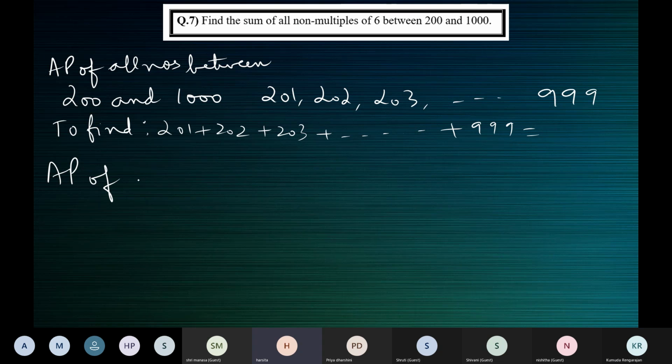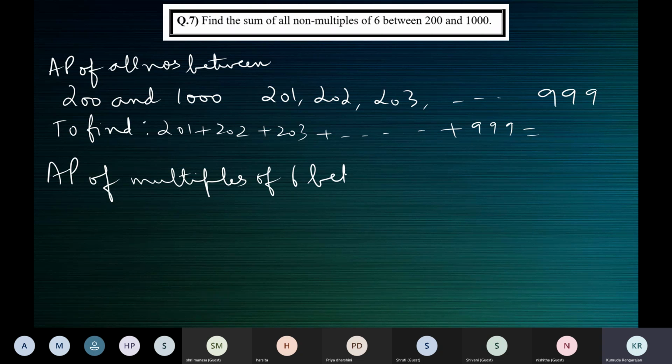Multiples of 6 between 200 and 1000. Very good. AP of multiples of 6 between 200 and 1000. So what's the first number, Harshita? 201, ma'am.